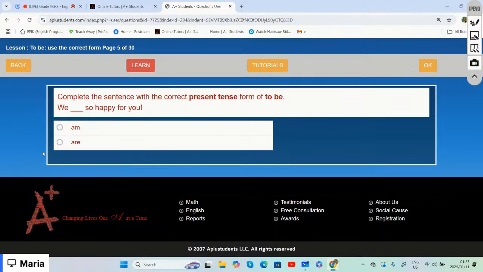It says we refers to more than one person. Do we say we am so happy for you, or do we say we are so happy for you? The present tense form. We am so happy for you, or we are so happy for you.